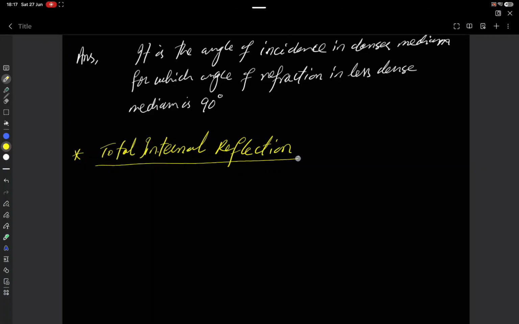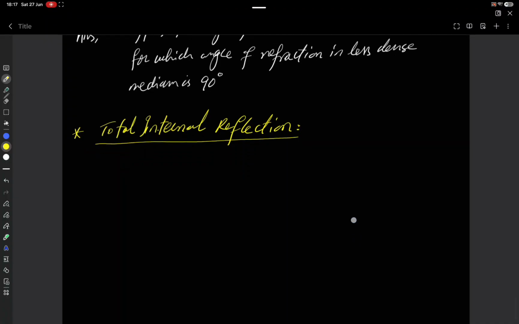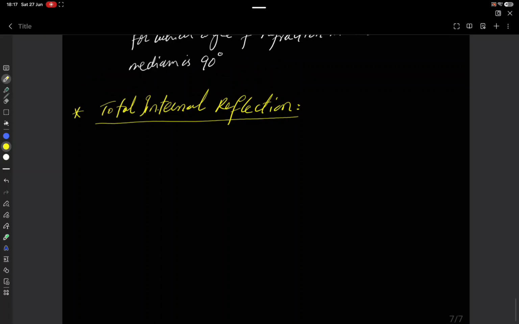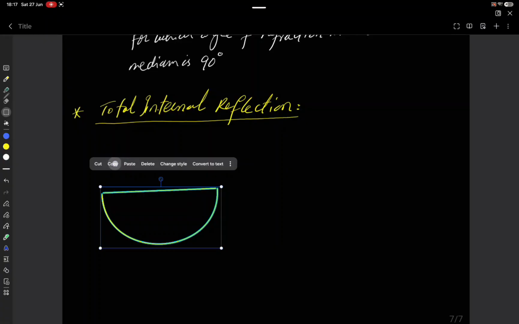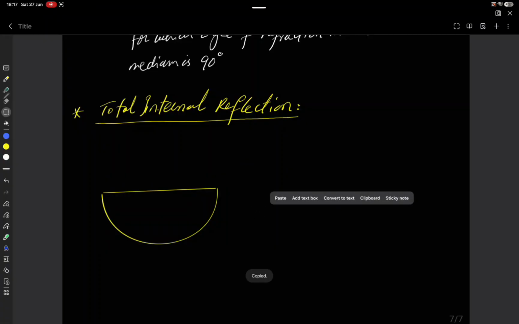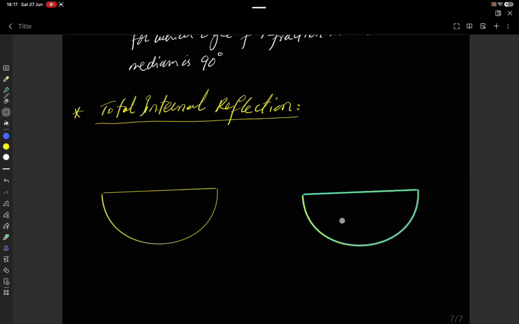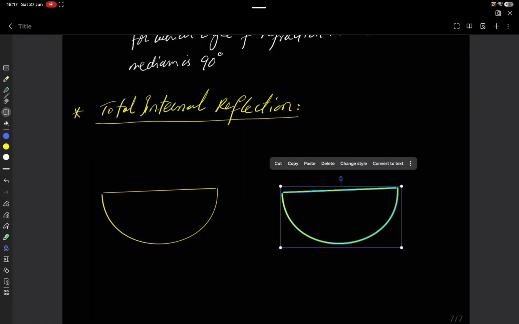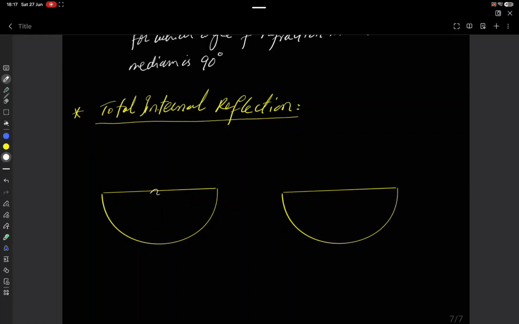Total internal reflection occurs when we further increase the angle of incidence in the denser medium to greater than the critical angle. So here we draw the diagram.